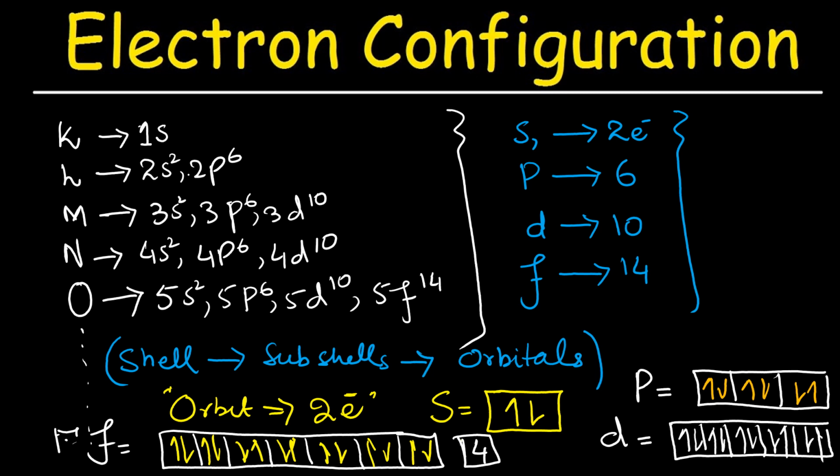Basically, the occupancy of electrons in different subshells is determined by two rules, known as the Aufbau principle and the n plus l rule.